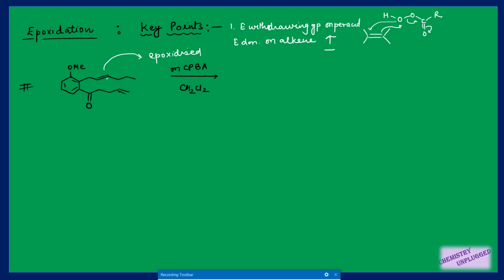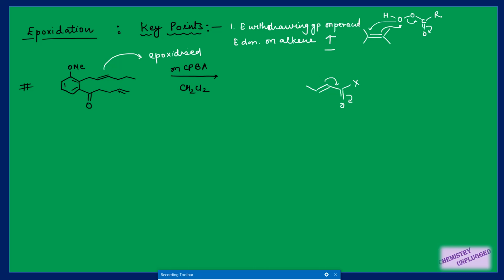Or other conditions can be possible, that if you have your double bond in conjugation with some electron withdrawing group, right? So your alkene is next to a group which is electron withdrawing in nature, means decreasing electron density over it, right? Means this pi electron present in this double bond is participating in conjugation.